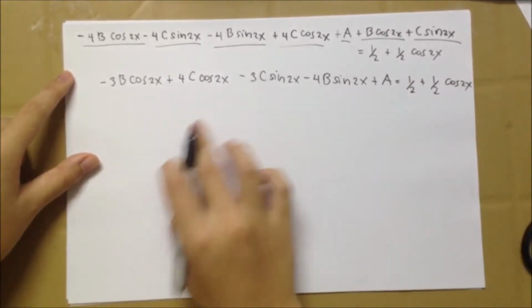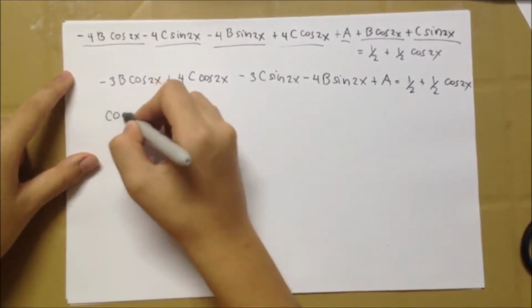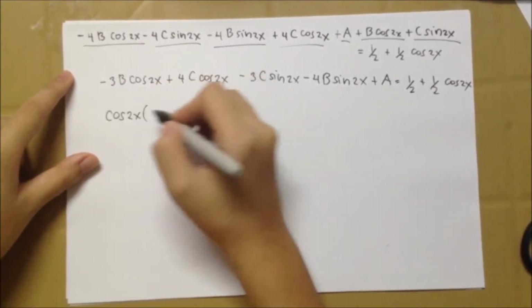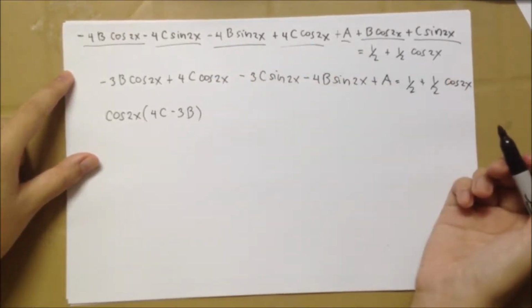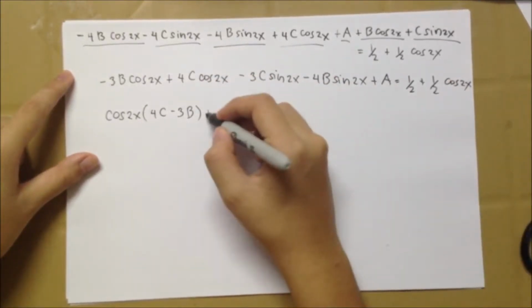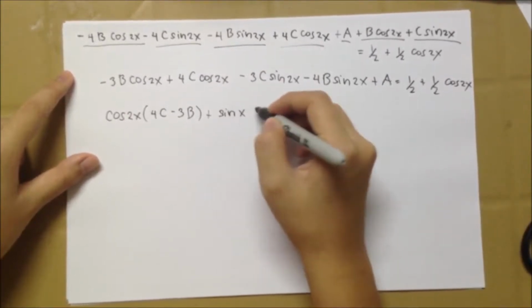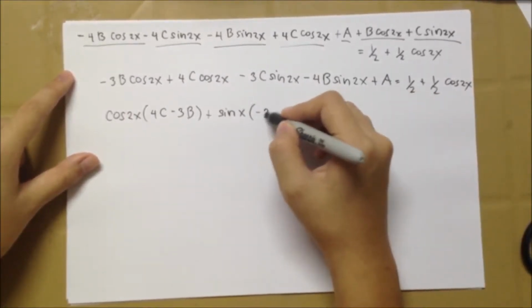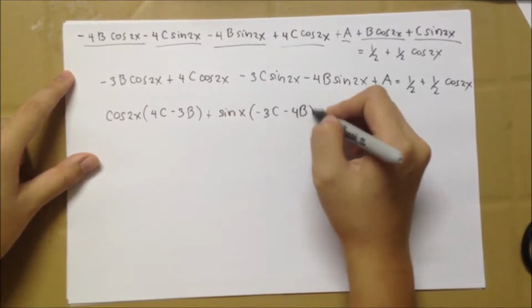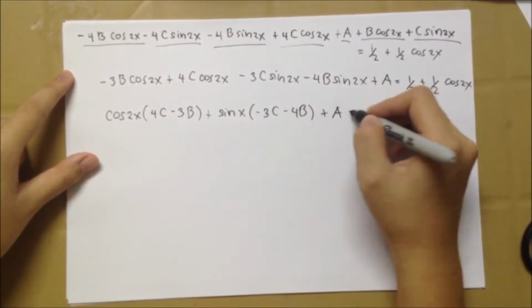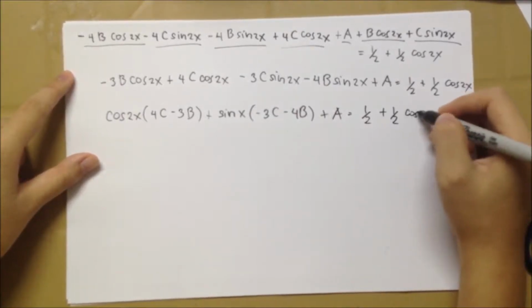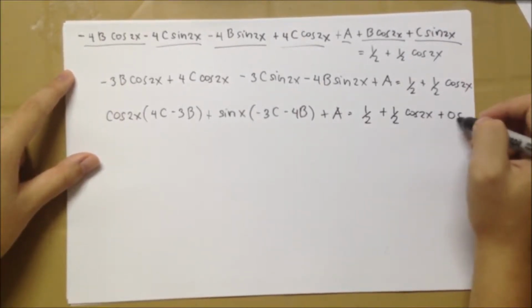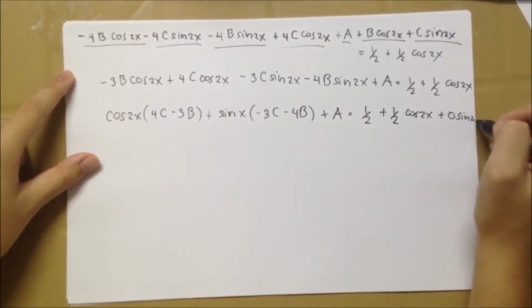Now factoring cosine of 2x here, so I have cosine of 2x times (4c minus 3b), and also factoring sine of x, sine of x times (negative 3c minus 4b plus a), and this is equal to 1/2 plus 1/2 cosine of 2x plus 0 sine of 2x.